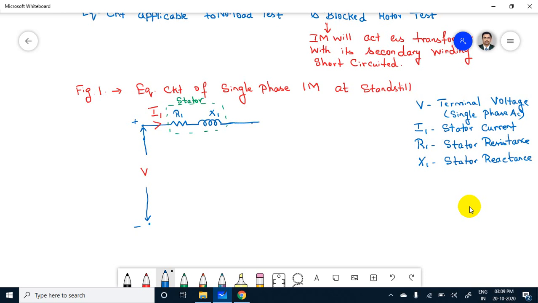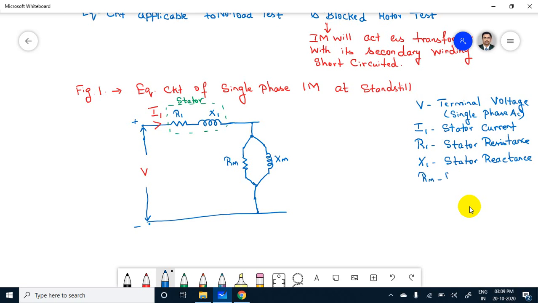Okay, then it is connected with the leakage, magnetizing resistance and reactance to find out the losses. Magnetizing resistance, magnetizing reactance. This is nothing but Rm, Xm.